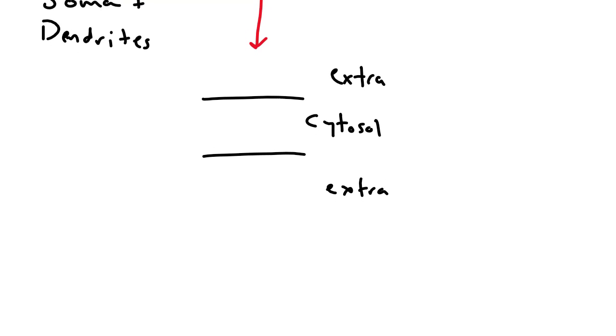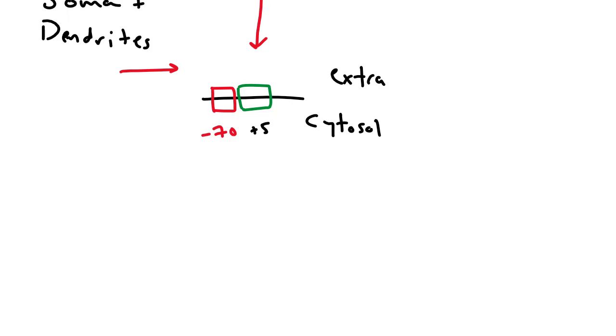We're just going to remove this, and just look at this as a line. Remember, we are talking about a patch of membrane. We're actually talking about all the way around the cylinder, but we're just going to look at it in this way. And we said that, okay, if I were to look closely, as an action potential is traveling in this direction from the soma and dendrite side toward the axon terminals, if I look at this part and then right next to it, what I'll see is if this is minus 70 millivolts, then this will be somewhere around plus 50 millivolts.